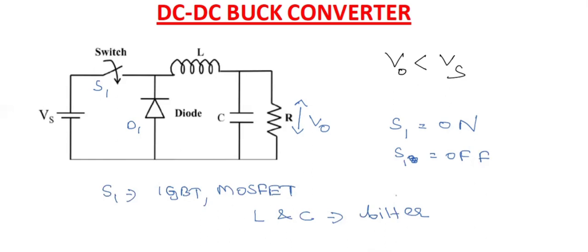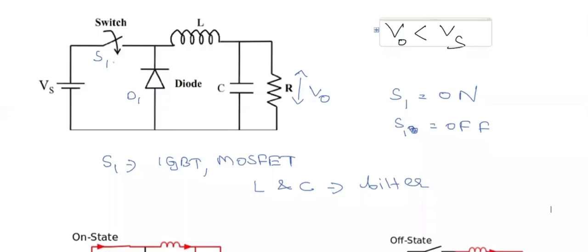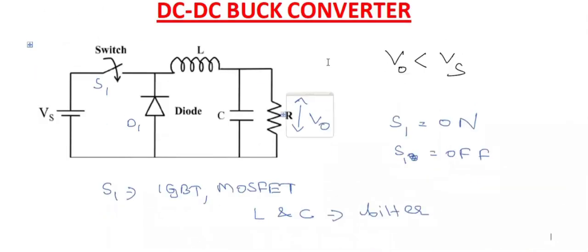Coming to the two modes of operation, which is when switch is on and switch is off. This is the circuit for buck converter, you know it, right? What happens is, in the initial condition, when the switch is on, this is a closed circuit.